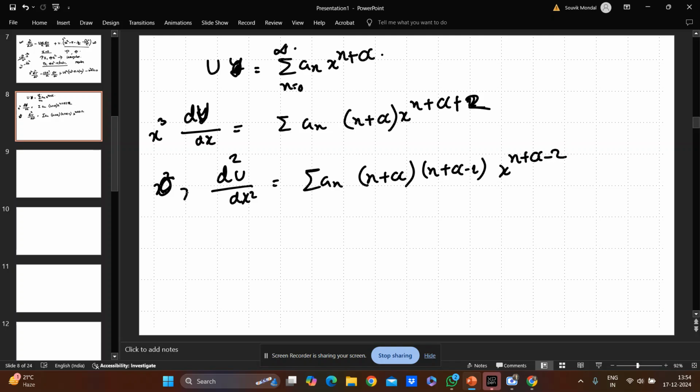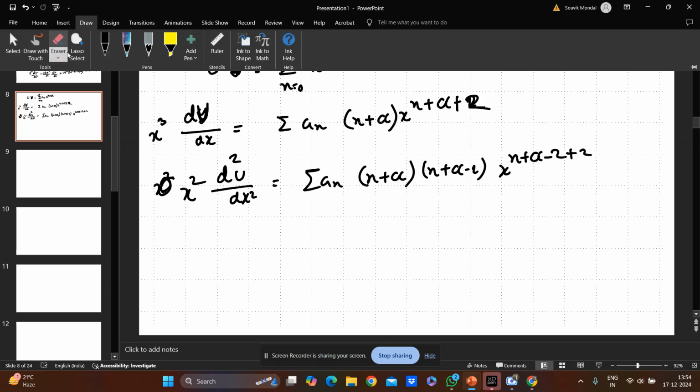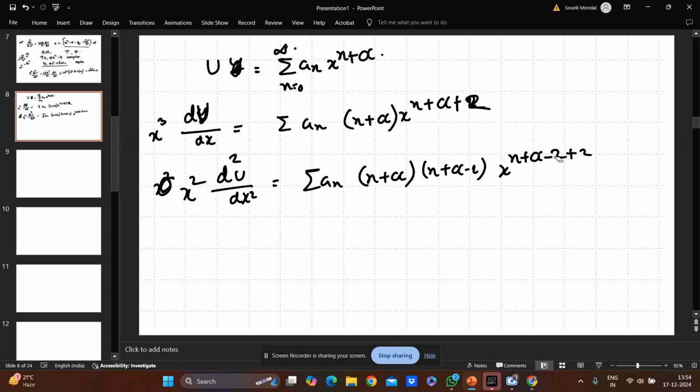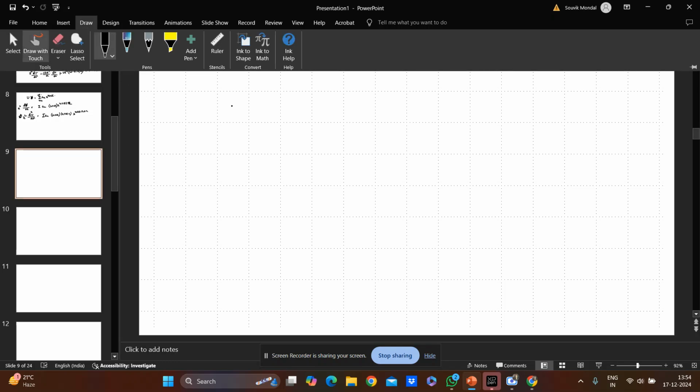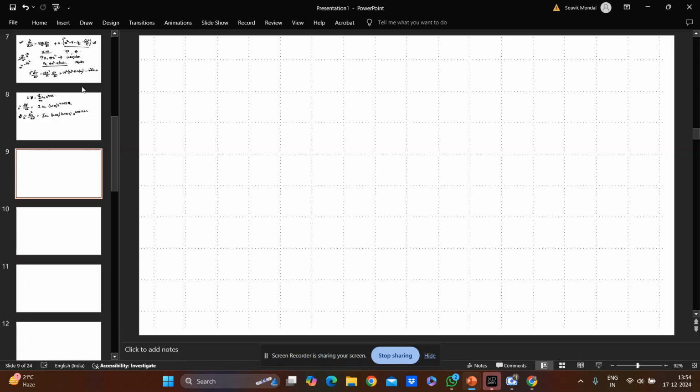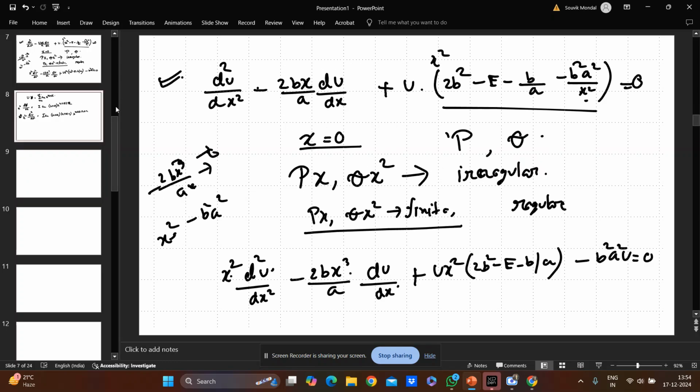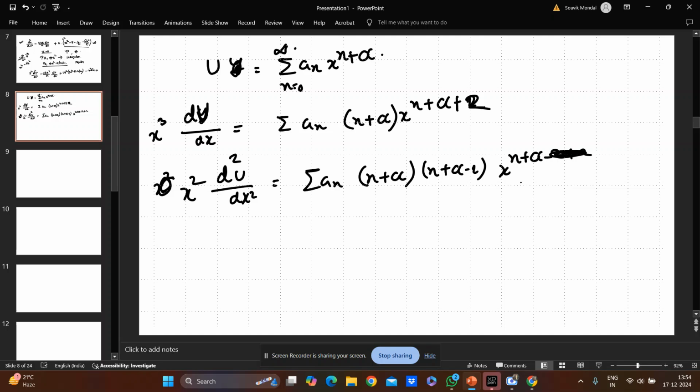If you multiply this by x square, then there will be a plus 2, so plus 2 minus 2 will be 0. So these two will cancel and it will simply be x to the power n plus alpha.